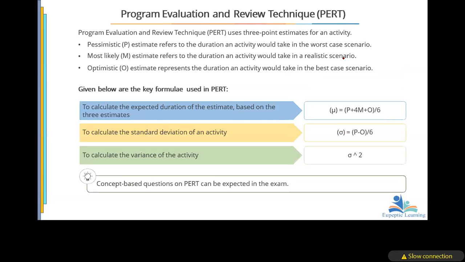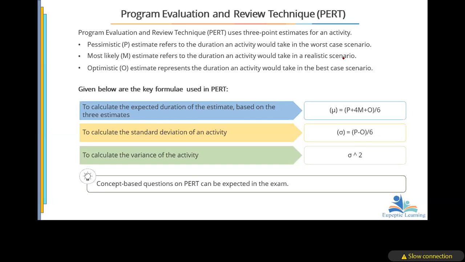The PERT, program evaluation and review technique. Here we look at the pessimistic, which is the worst case scenario, then the most likely, which is the realistic scenario, and then the optimistic, the best case scenario.